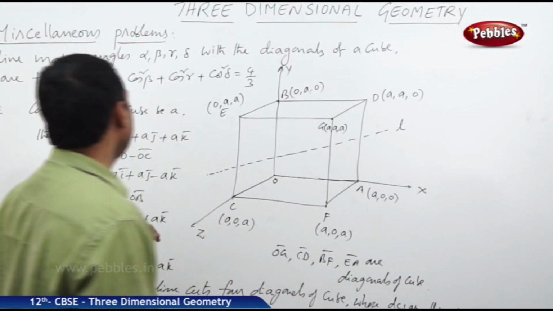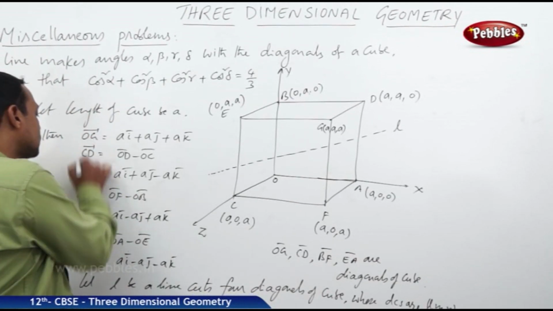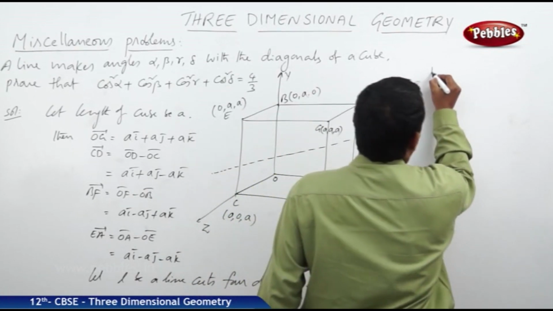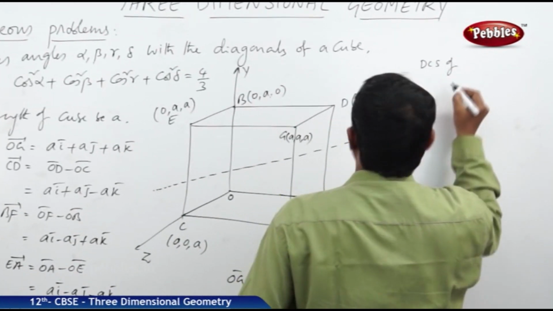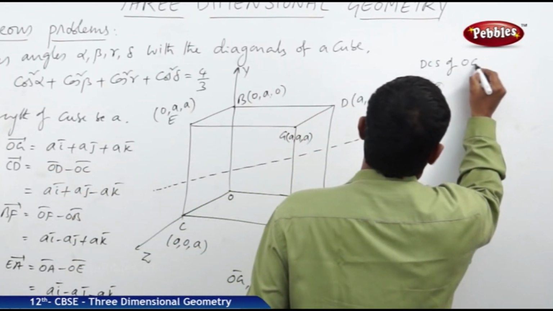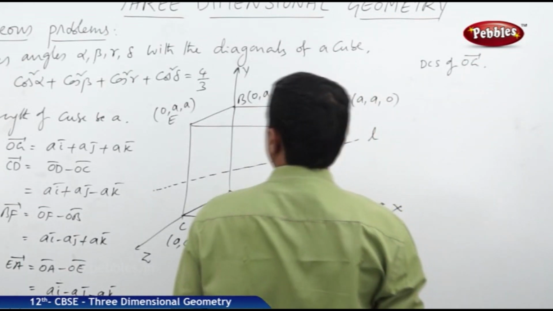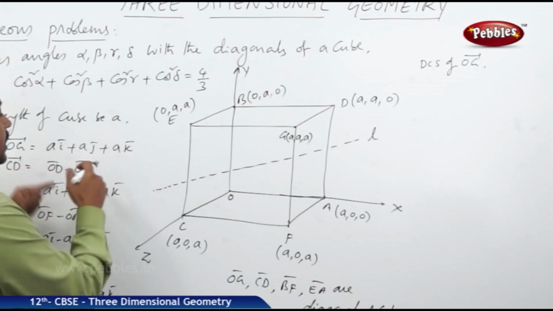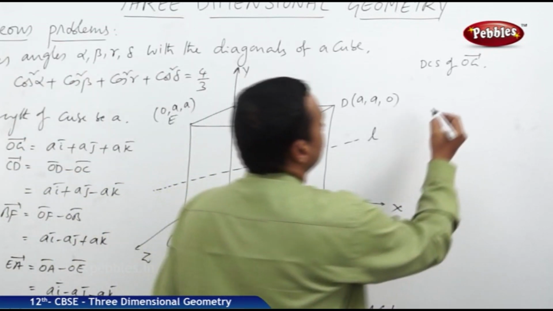Now let us find the direction cosines of the four diagonals of the cube. First of all, the DCs of the line OG or the vector OG. For direction cosines, divide the vector by its magnitude. What are they?